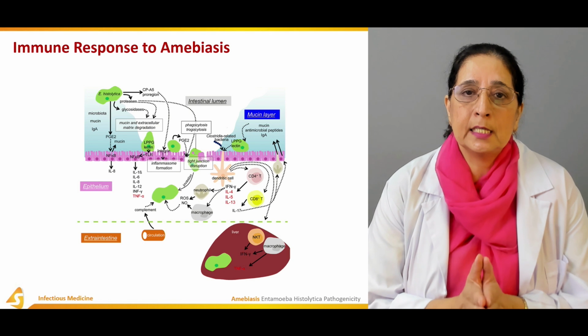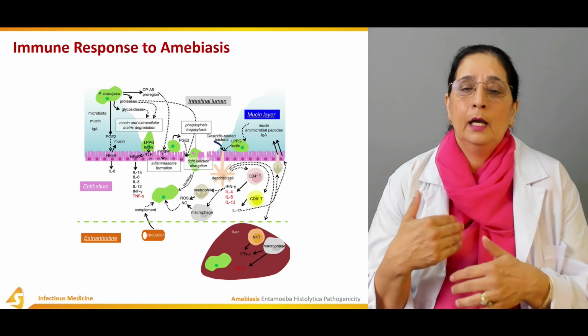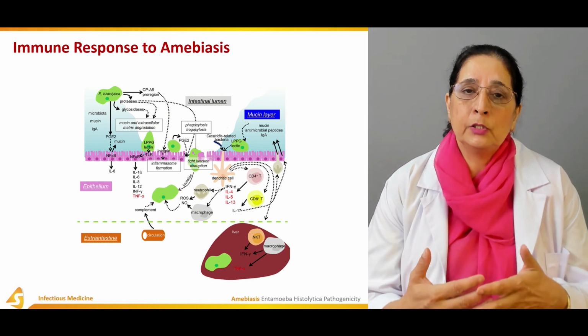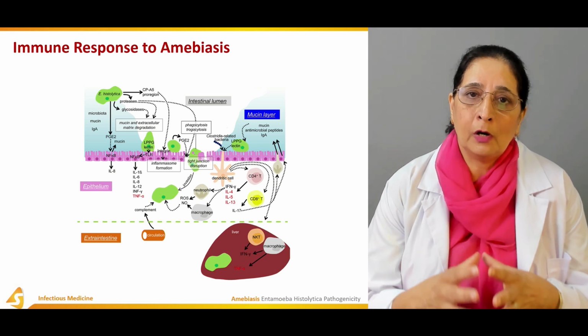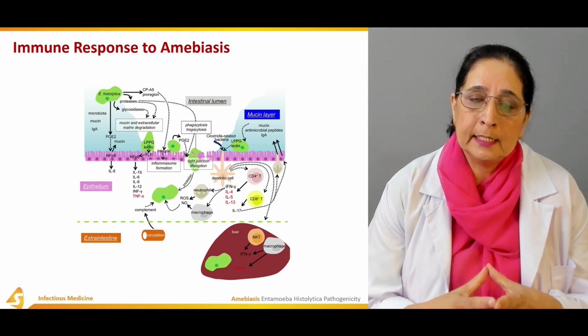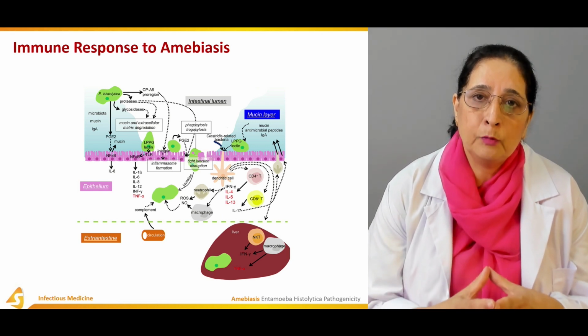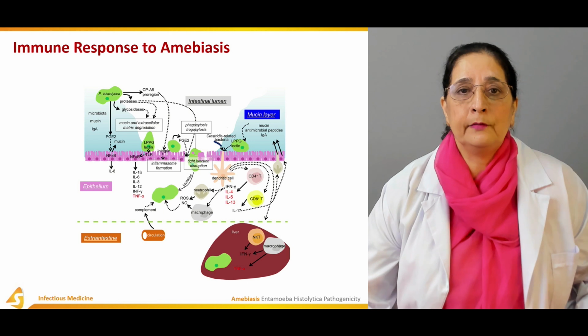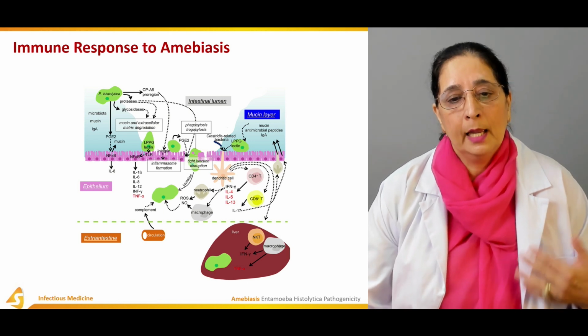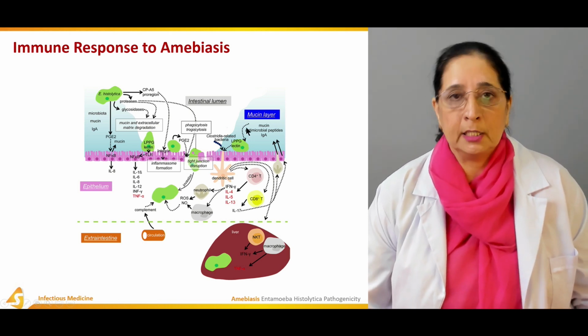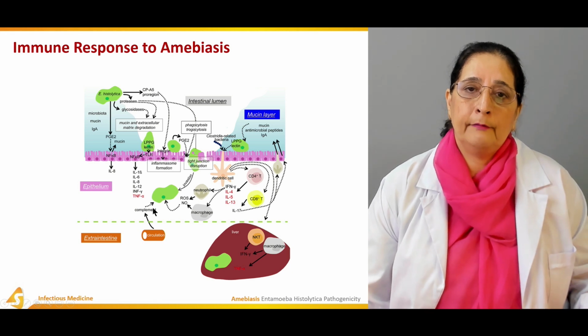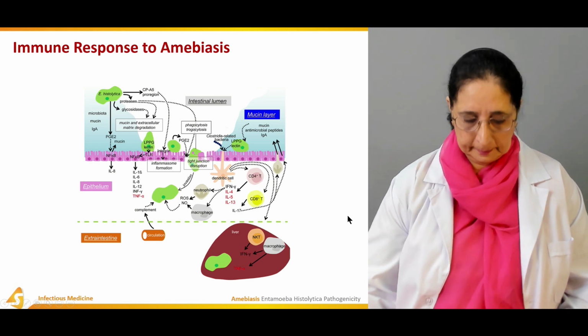These proteases cause different chemicals to release, and they act on the intestinal epithelial layer and cause the breakage of tight bonds, cause release of different inflammatory substances, which in turn cause different inflammatory responses.